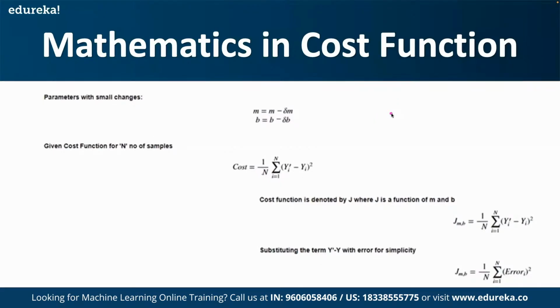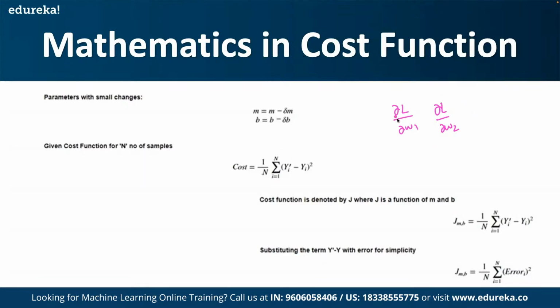To represent it mathematically, we will say something like this: del L by del W1, which is nothing but the derivative of my loss function with reference to the parameter W1. And when I say del L by del W2, this is the derivative of my loss function with reference to the parameter W2.